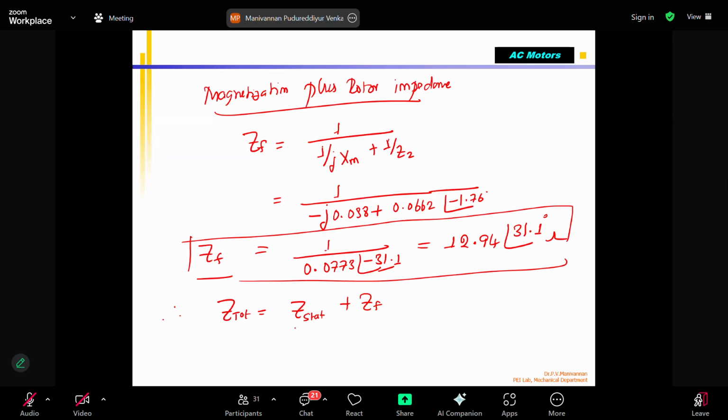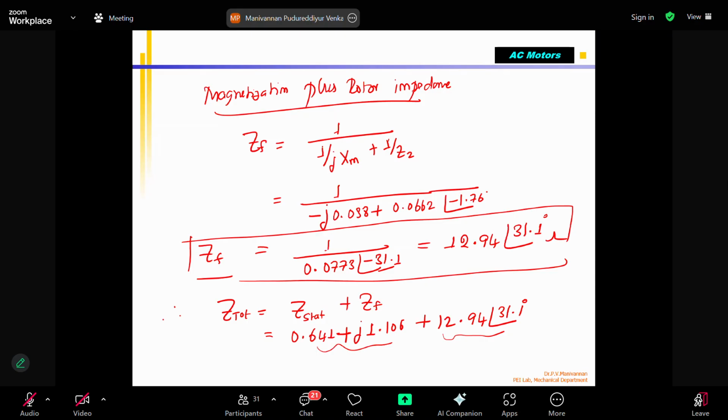If you substitute, we can write 4.641 plus j1.106 plus 12.94 angle 31.1 degrees. Please note that the first is in complex form and this is in polar form. You have to convert polar to complex or complex to polar.